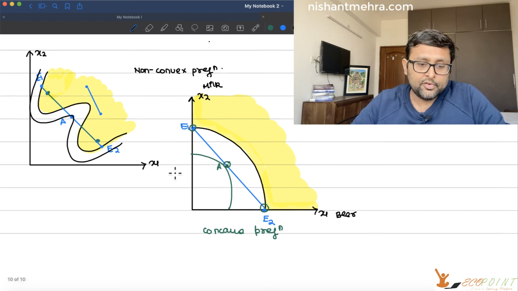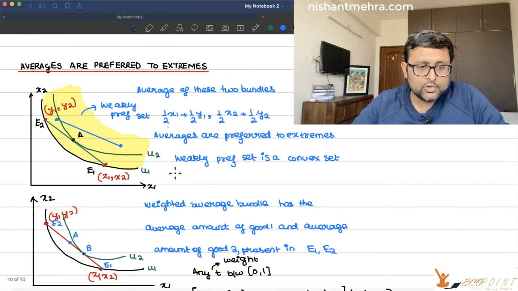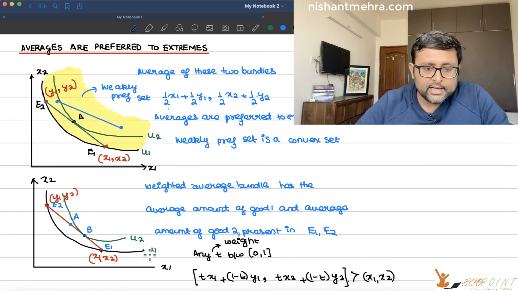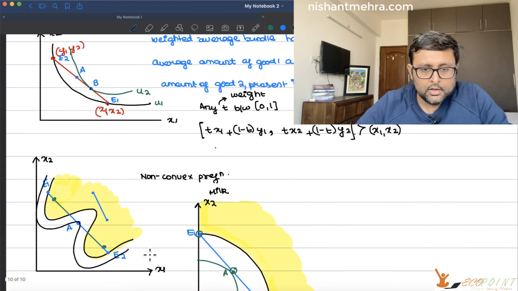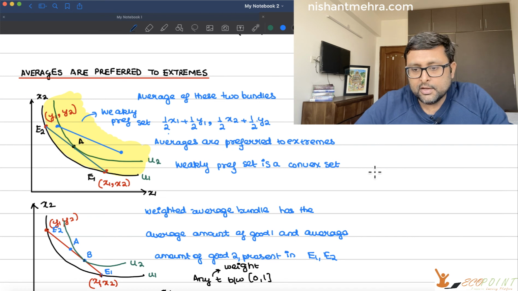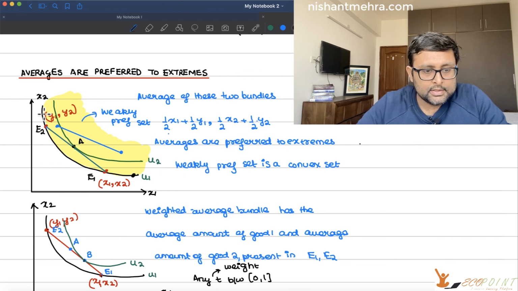So convex preferences, in general, that's true. When you say averages are preferred to extremes, because if you look at even the extremes like this, supposedly if you take up an example where this is also an extreme bundle, something like this.